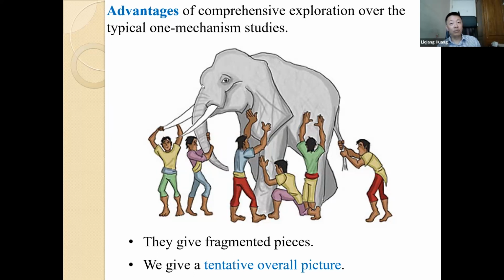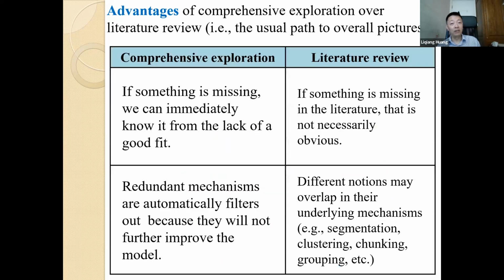For most people working on this, many of them have this reaction: wait a minute, we don't just have fragmented pieces. We do have that perhaps in individual papers, but we have literature reviews, which can tell you the overall picture. So how is your comprehensive exploration better than a literature review? I argue that it's better for at least two reasons.